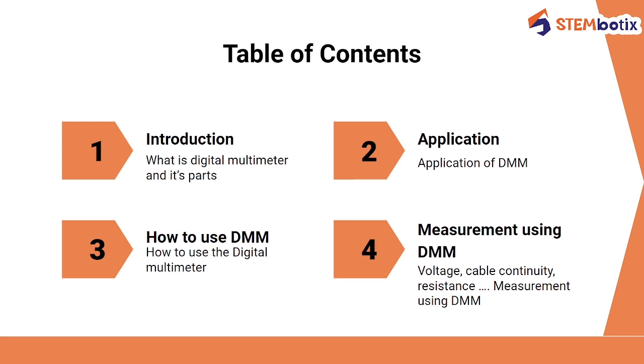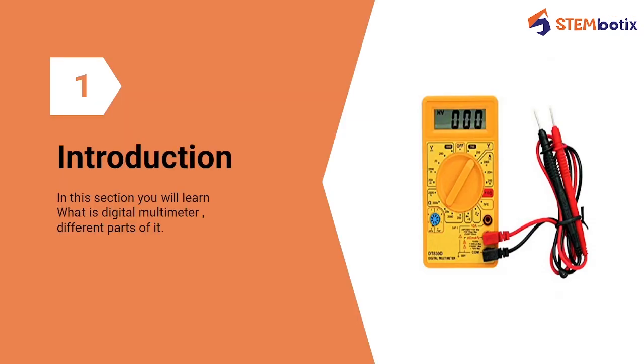In third part, we will see how to use digital multimeter to measure different things. And in the fourth and last part, we will discuss how to measure voltage, cable continuity, resistance and current using this digital multimeter. So let's first start with the introduction.